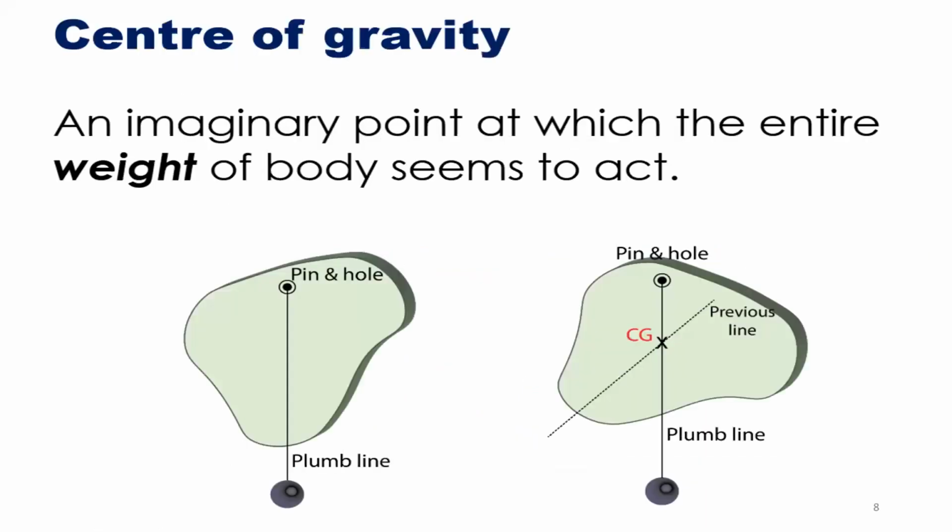Okay, you're fine. Then, how can we experimentally determine the center of gravity? To determine the center of gravity, we have an experiment that can be conducted, which is called the plumb line method.